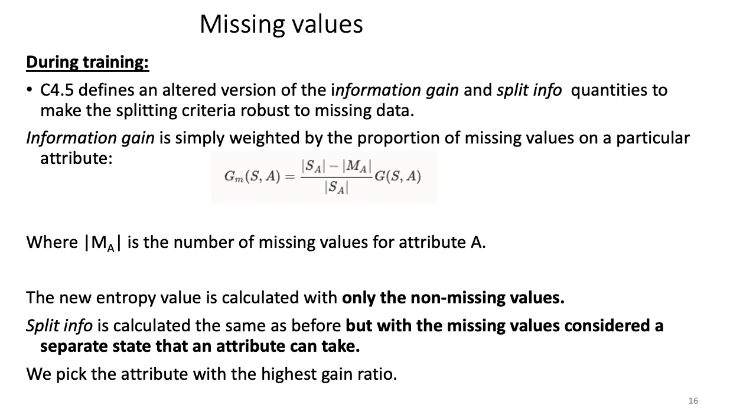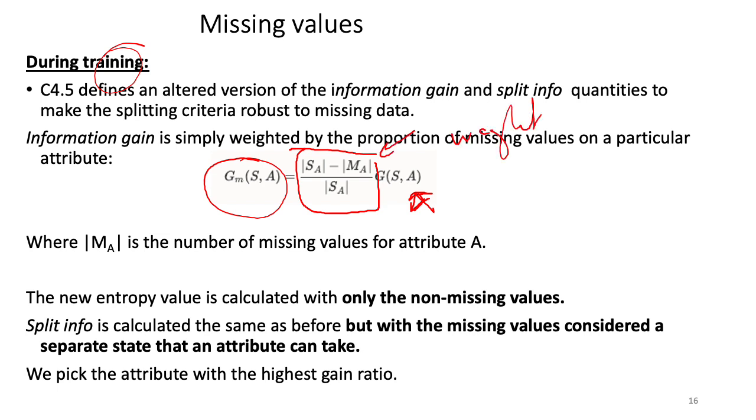Now, if the problem of missing values happens during training, not testing, then the C4.5 algorithm calculates a modified information gain metric that takes into consideration the fact that you have some training instances with missing values. The modified information gain will be the same gain that we showed how to calculate before, multiplied with some sort of weight that takes into consideration those instances with missing values.